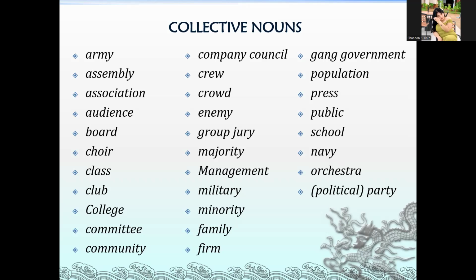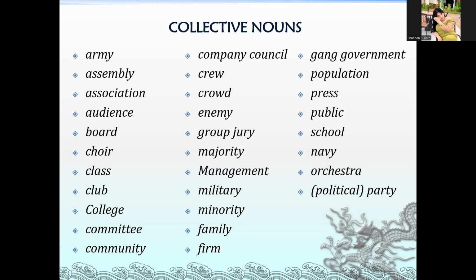Kino-correct ko lang ba? Kasi mali yung pagkakabasa nyo eh. Club, college. Ganito mag-pronounce yung mga Koreano. College, damage. Silent E nga, di ba? Okay, committee.